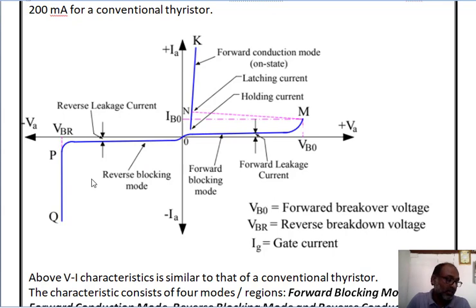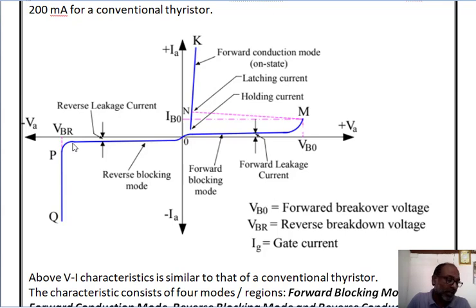Now similarly, when the reverse voltage is applied to the GTO and its value is less than the reverse breakover voltage, in this region or in this period, the GTO works in reverse blocking mode. That means it blocks the reverse voltage, but there is a very small amount of current passing through the device, which is called the reverse leakage current.